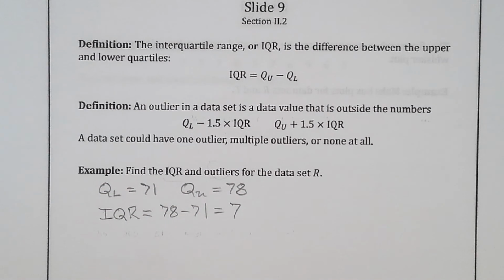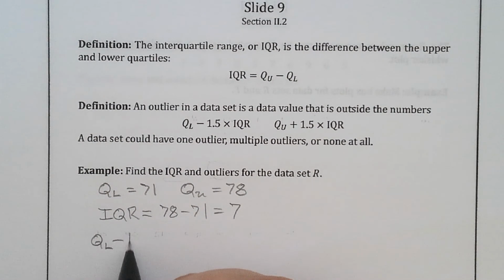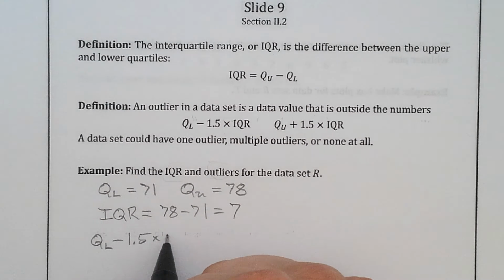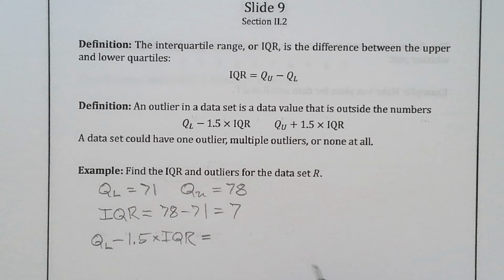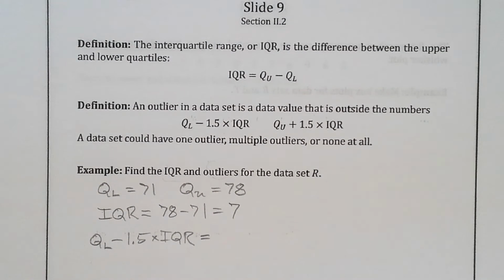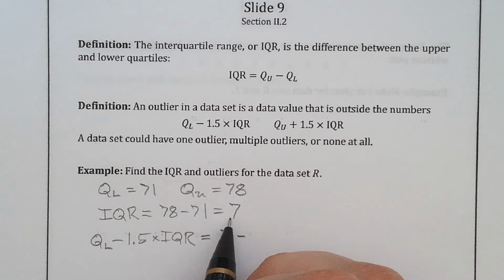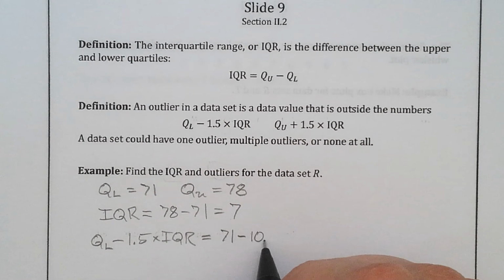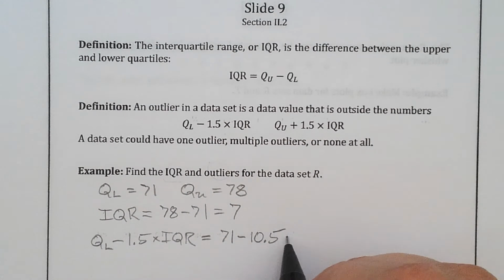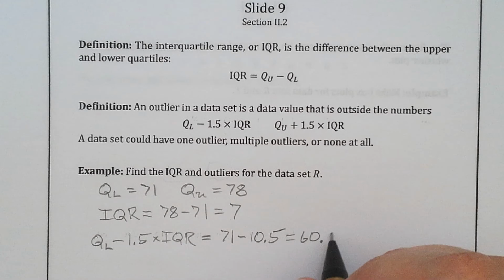Now we want to see if we can identify any outliers. So first I need to do lower quartile minus 1.5 times the IQR. So that's going to be 71 minus 1.5 times 7, which is 10.5. So that's 60.5.